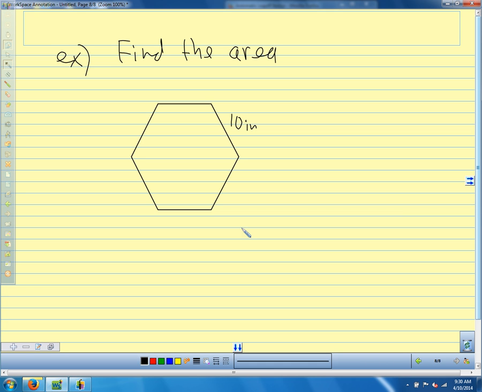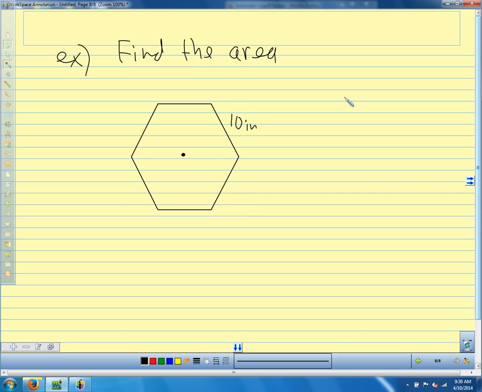So what are we going to do here? Draw the center. Get out our ruler and start measuring. What are we going to do with the center now? Draw in. We need our apothem.